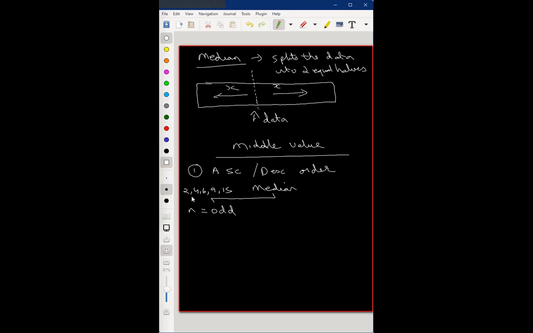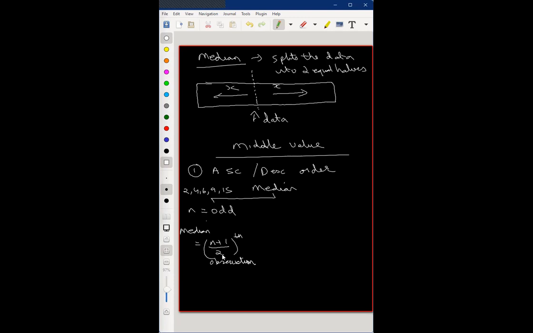How many observations are there in this case? There are 5 observations. 1, 2, 3, 4, 5. N is equal to 5. So 5 is odd, right? So in this case, the median will be equal to the (N plus 1) upon 2 th observation.